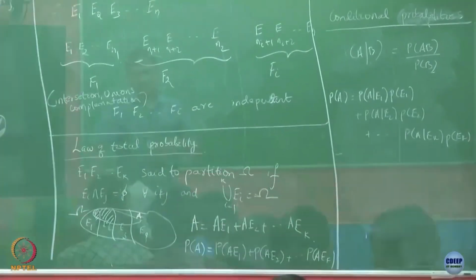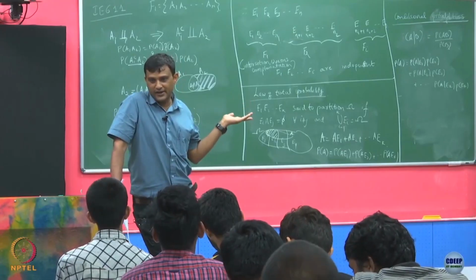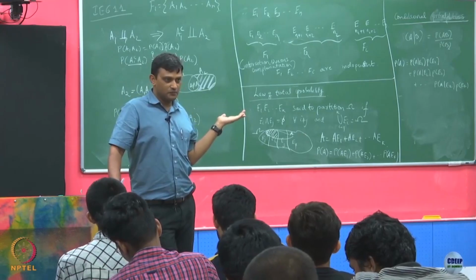Now does anybody see any usefulness of this formula here? Fine, I have just manipulated my definition of conditional probability and expressed it in this form.